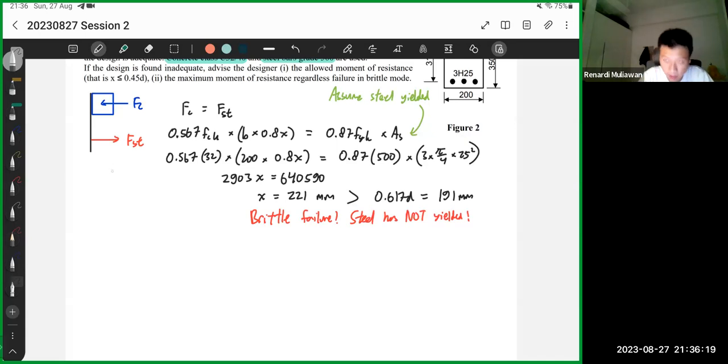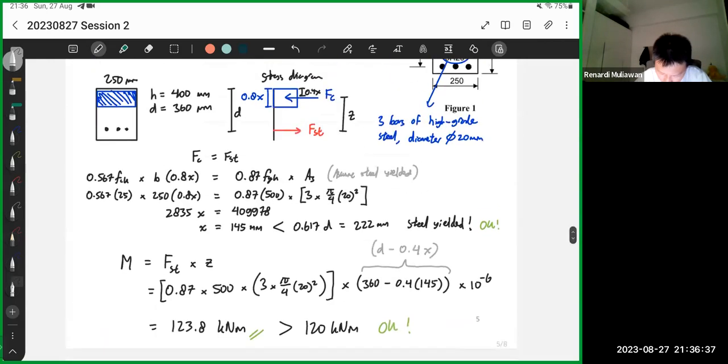Okay, so in this case, you need to draw the strain diagram. So something like this. Then something like this. Is 0.0035, I think. I forgot what's the value. Let me check.